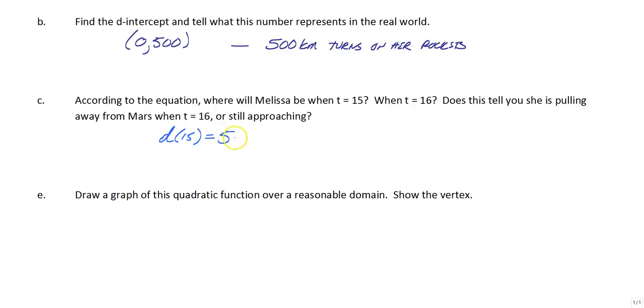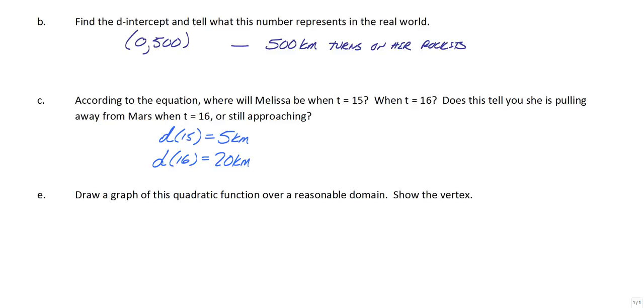So at 15 minutes, she's 5 kilometers from Mars. And then we type in or plug in by hand, however you want to do it, 16 minutes, we find that she is now 20 kilometers from Mars.